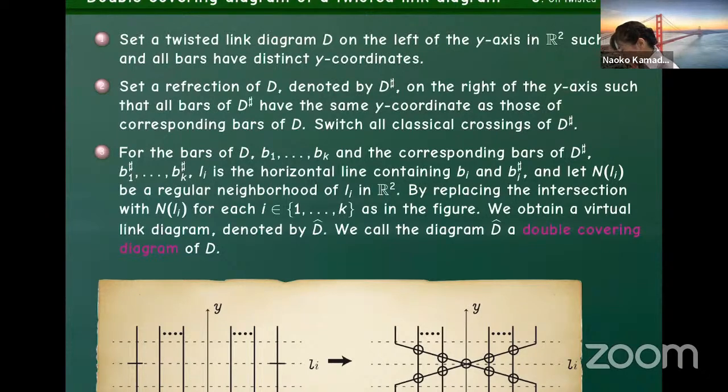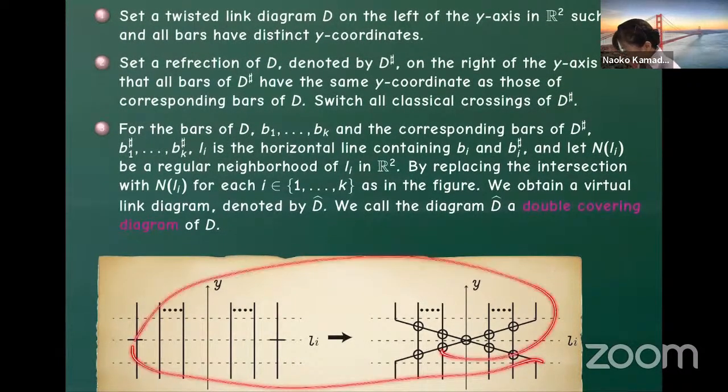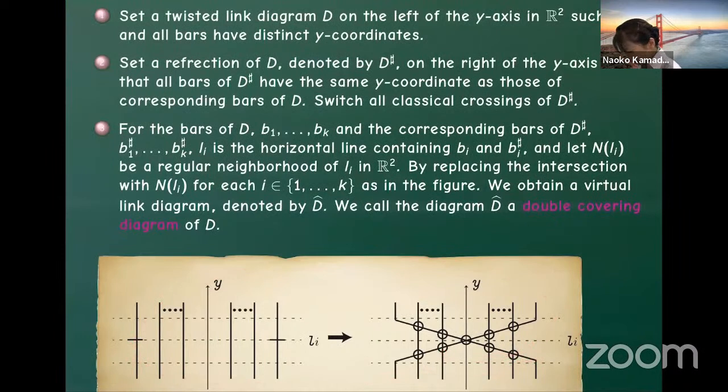By replacing the intersection with N(Li) for each i, as in the figure, we obtain a virtual link diagram denoted by D hat. We call this diagram a double covering diagram of D.